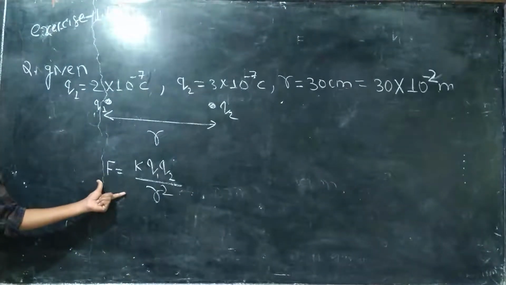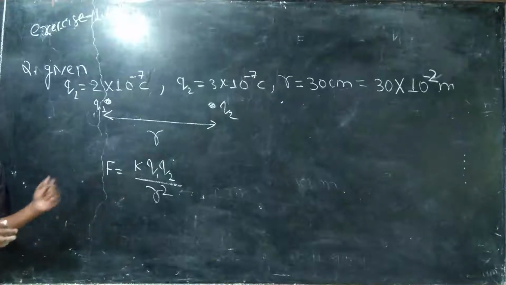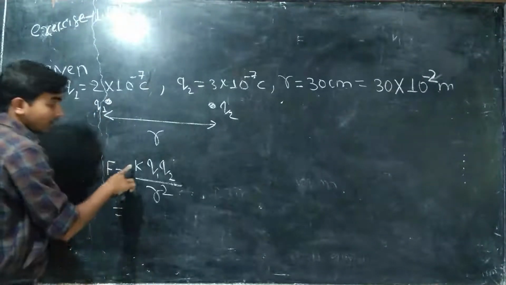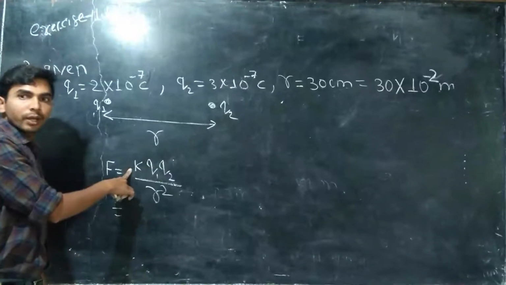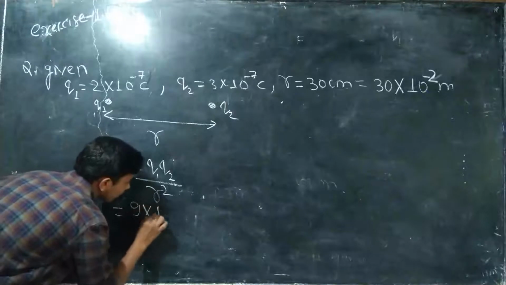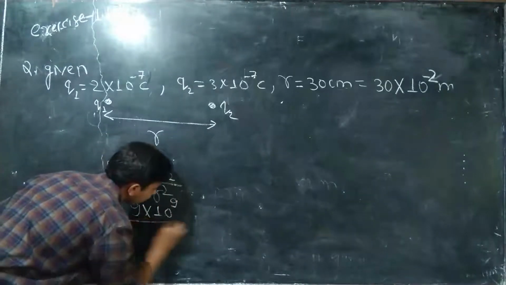So now all values are available in SI units. By substituting all values in this formula, we will get the answer. K is not given; the value of K is 9 into 10 to the power 9.